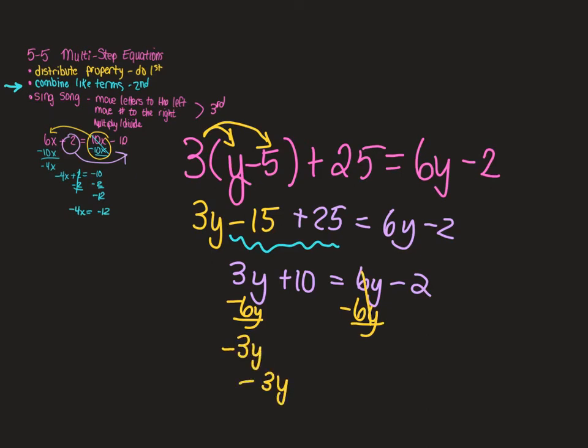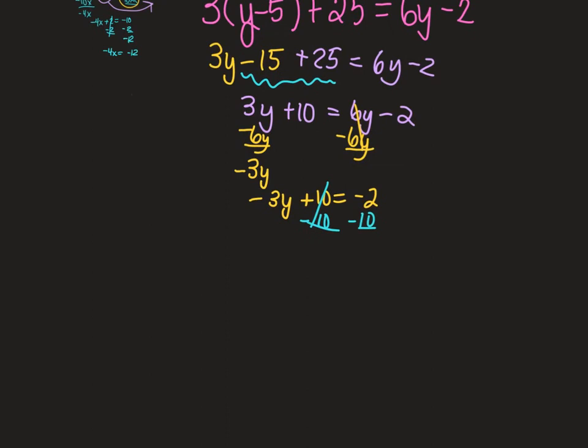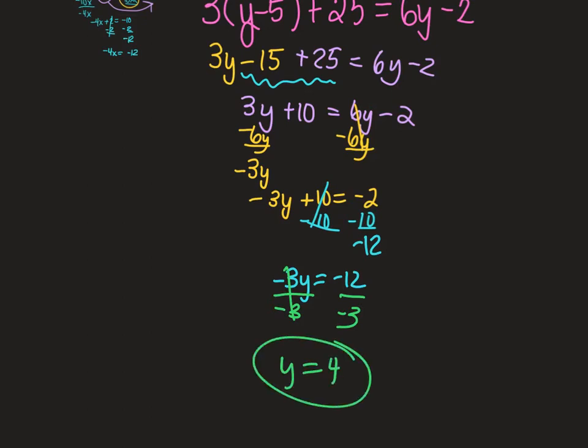Negative 3y plus 10 is equal to negative 2. Sing the song again. Move the numbers to the right. I end up with negative 12. Rewrite again. Divide by negative 3. And the final answer is positive 4.